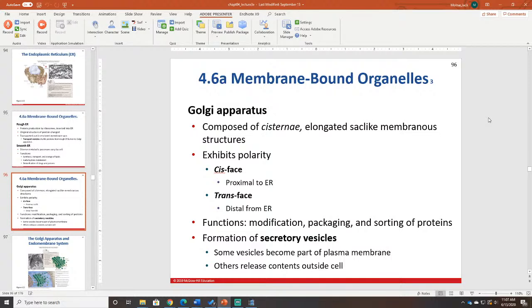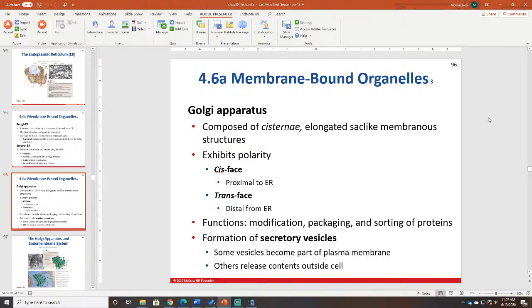Golgi apparatus. This is composed of cisternae, which are elongated sac-like membranous structures. It looks like a stack of flat discs. And it exhibits polarity. There's a cis face and a trans face, and the cis face is the one that's close to the ER, the endoplasmic reticulum, and the trans face is the opposite side, which is away from the ER.